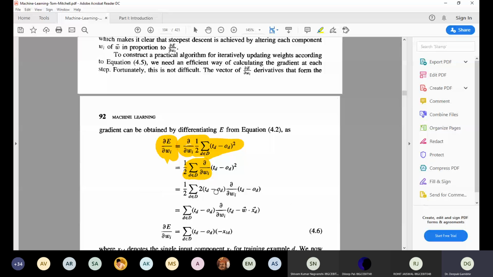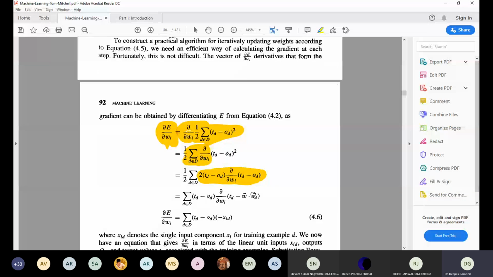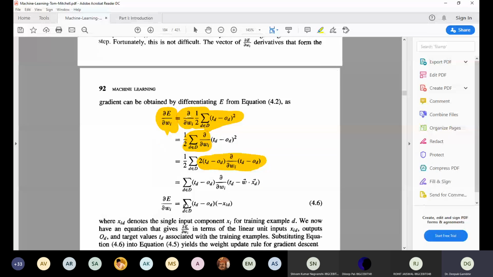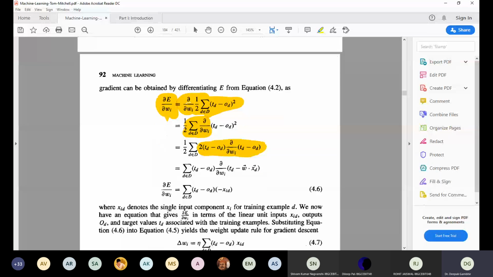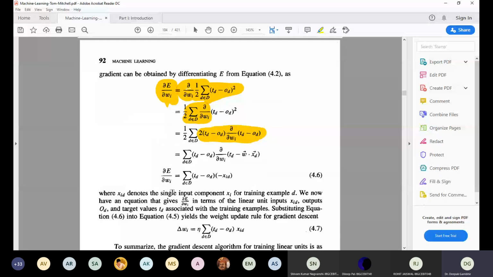If you solve this, it is simple mathematics. I suggest you solve this. If you still have any problems, you can ask. If you solve this, you will get the change in weight as (t minus o) into x_id.